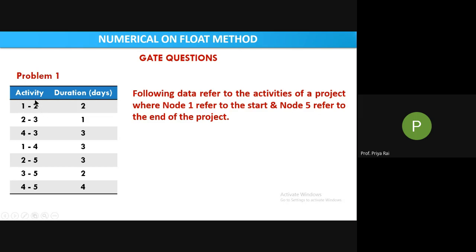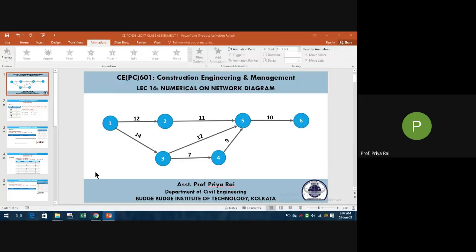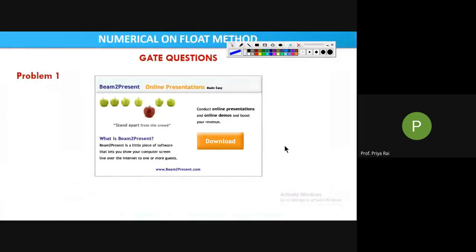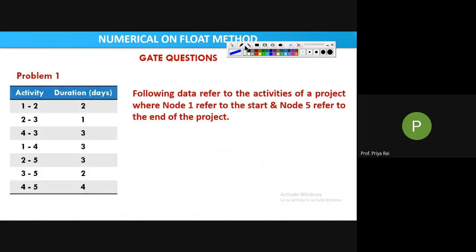Basically, this is your node 1, suppose this is your node 2. These are the events, and the arrow is actually the activity.